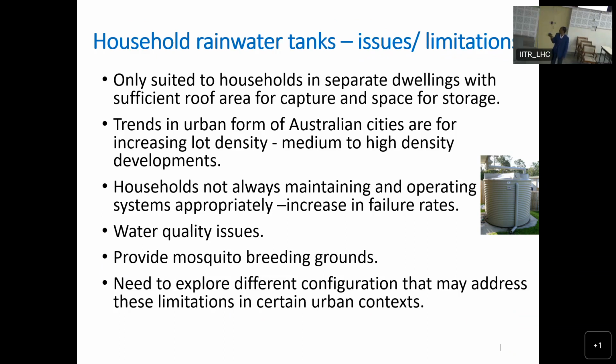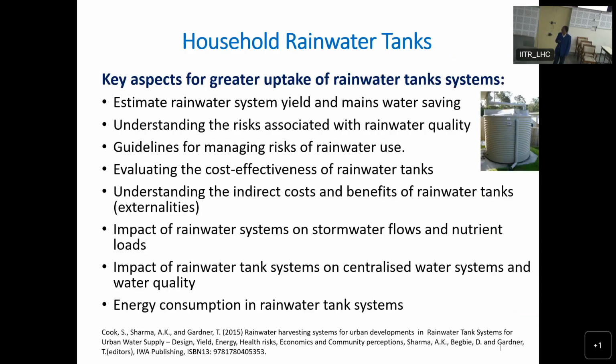These are some issues that can be kept in mind during the use of this household rainwater tank system. The key aspects of the uptake of the rainwater tank system are the estimate of rainwater use and rainwater saving, how much water is collected, the volume of water and water saving.